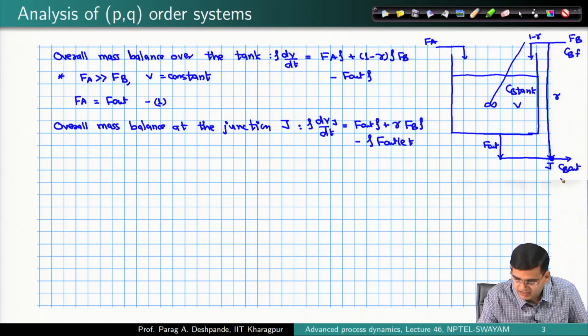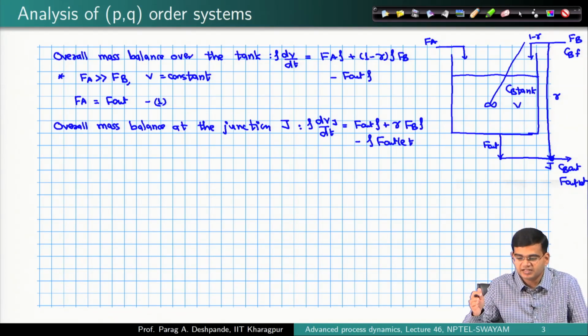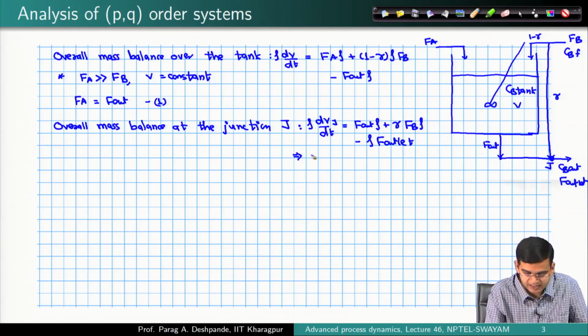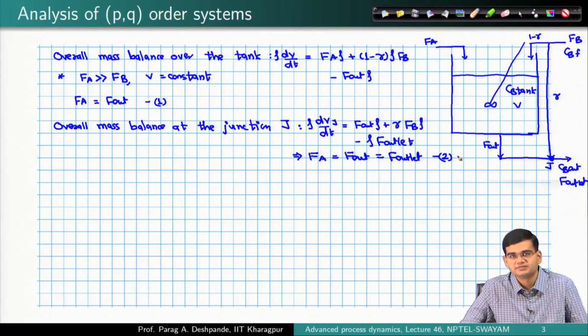F outlet is here, the ultimate flow rate out of the system, and from here I know that F out is equal to F A, and F A is much larger than F B. Therefore, considering the volume of the junction as practically 0, I can write F A is equal to F out is equal to F outlet.